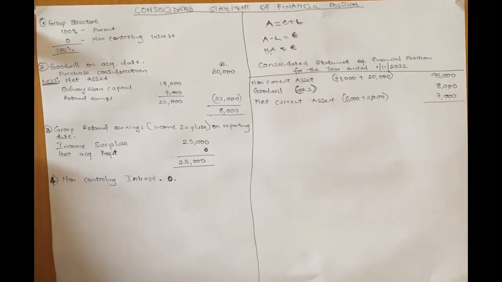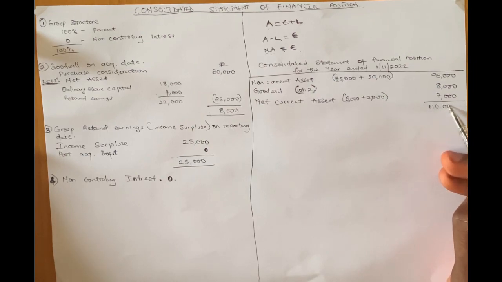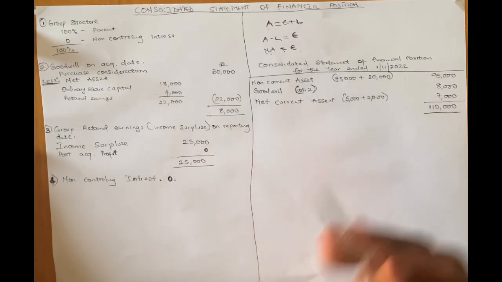So that will give us a total of 110,000. Here we are done. We now go to the equity.